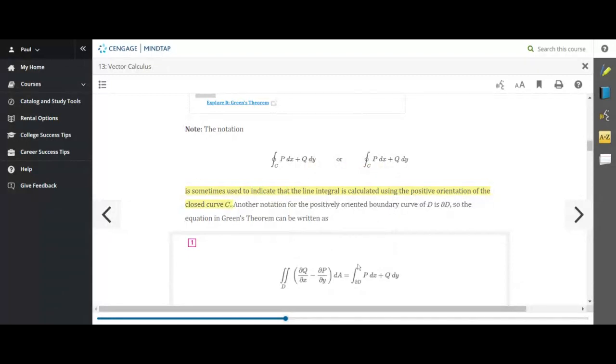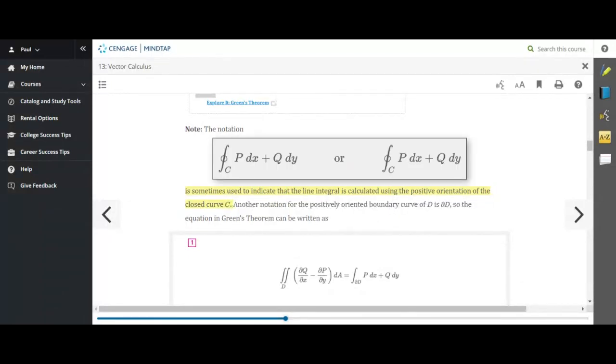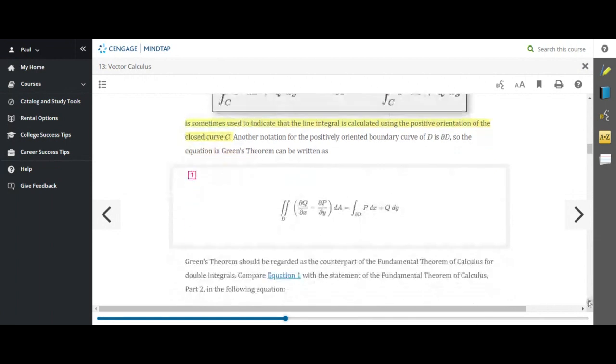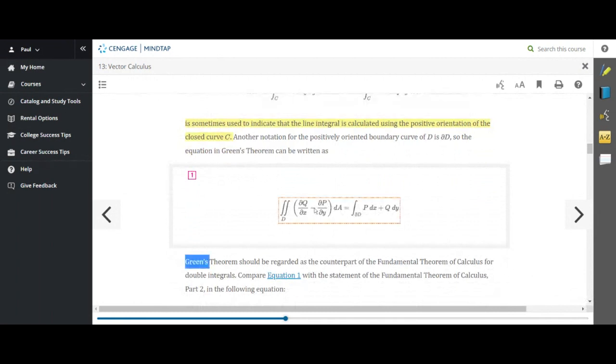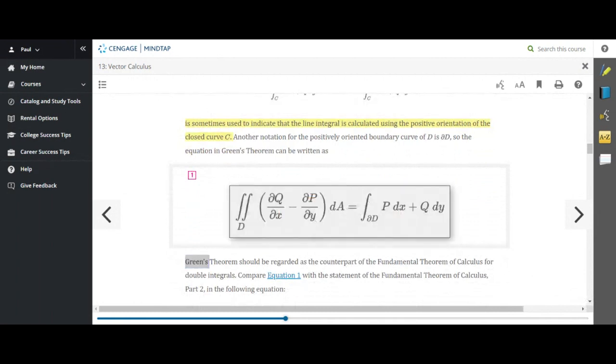That notation where they put a circle on the integral indicates the line integral is calculated using positive orientation of the closed curve C. That is notation that you will see. And also, this is another kind of notation that you could see, where your boundary curve is positively oriented.